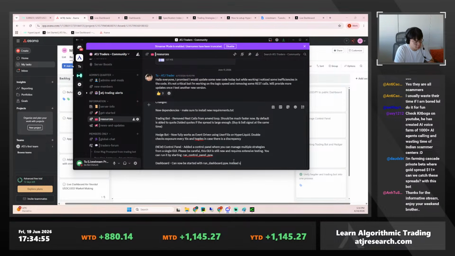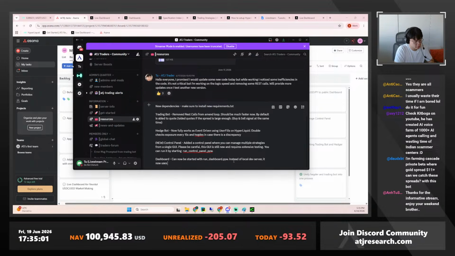Instead of a local dev server, it now uses Waitress, which is a production-ready server. Well, that is basically it, and now let's add the file, and so this is it.